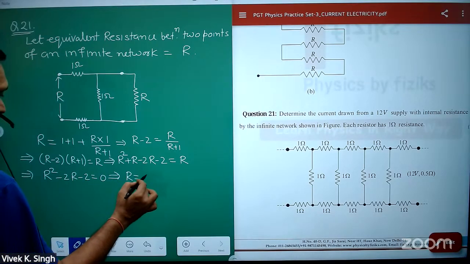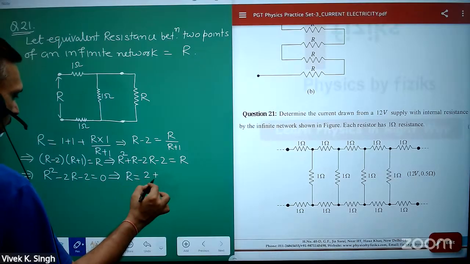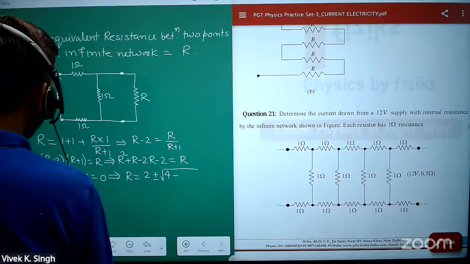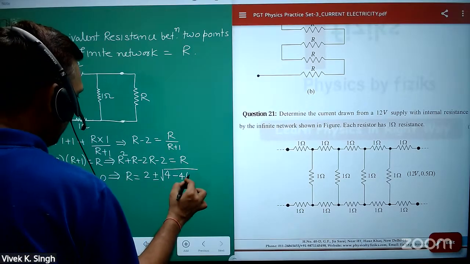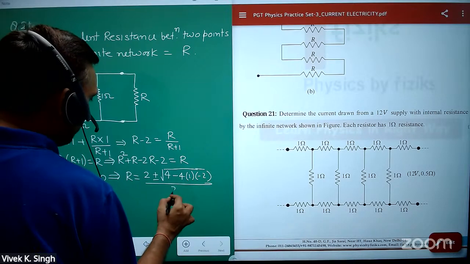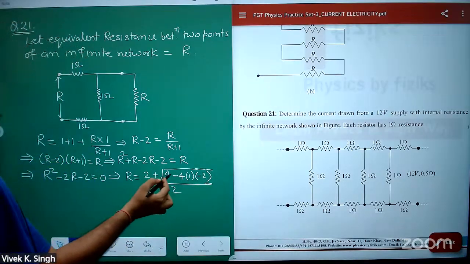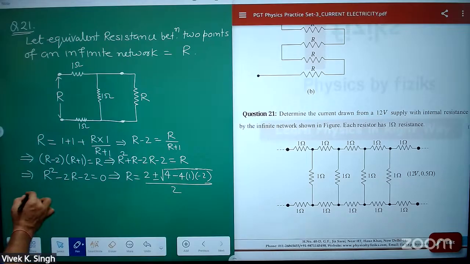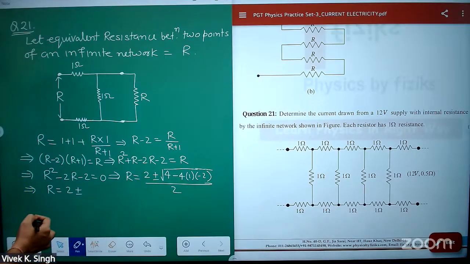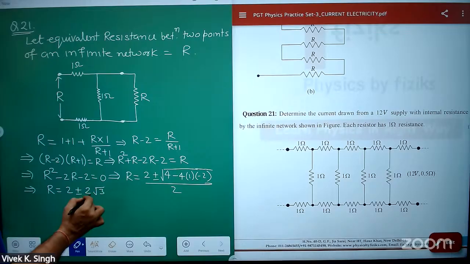So this is minus B plus minus under root B square minus 4AC by 2A. You know how to solve the quadratic equation? So this will be 8 plus 12. So R is given by 2 plus minus root of 4 plus 8, that is 12, by 2, which is 2 root 3 by 2.